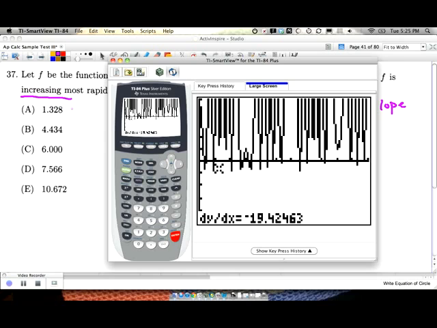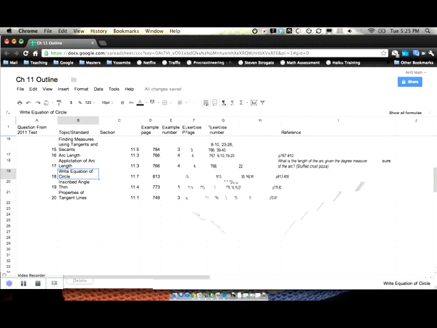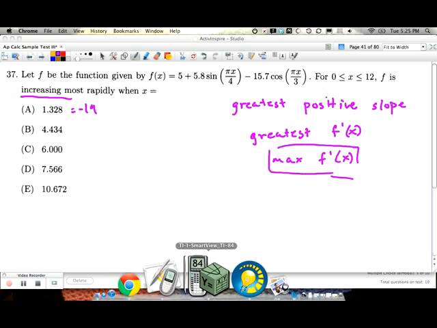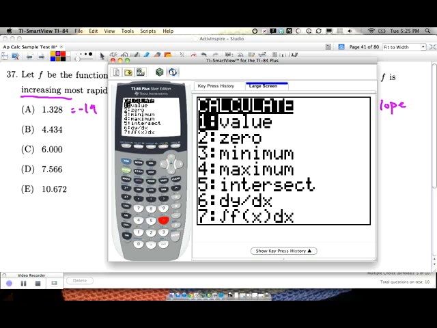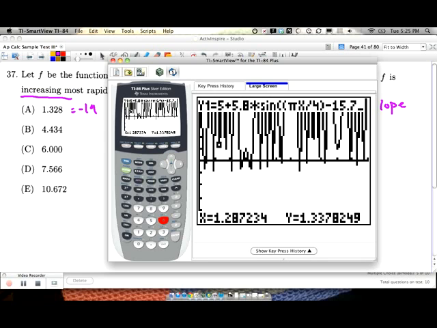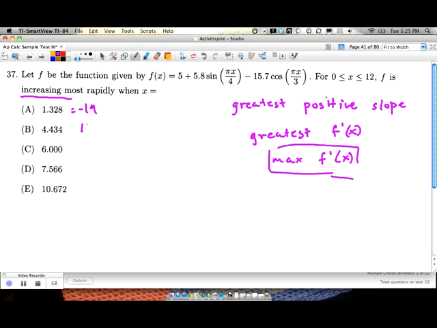So the slope here is negative 19. Let's look at the next one. Calculator. So we're going to do second, calculate the derivative or the slope at 4.434. And I calculate that one, I get about 13. So 13.